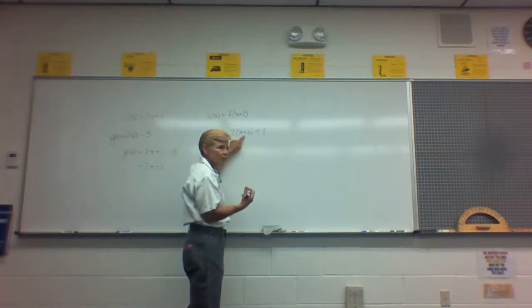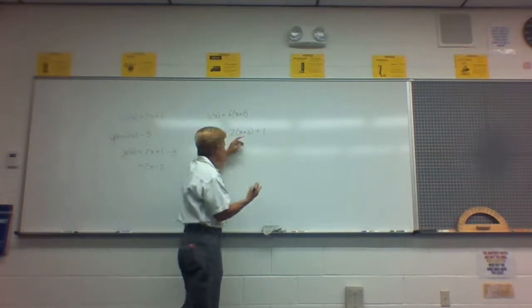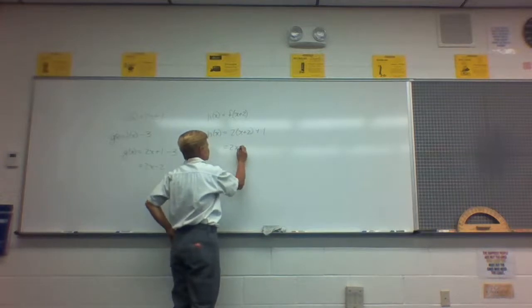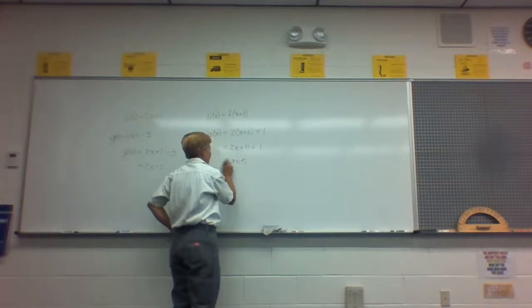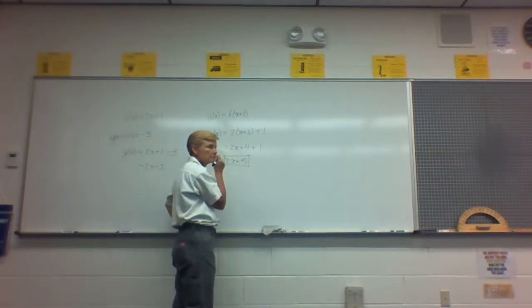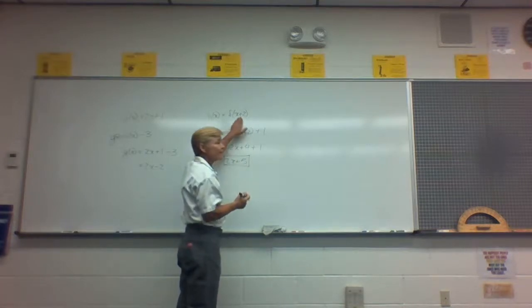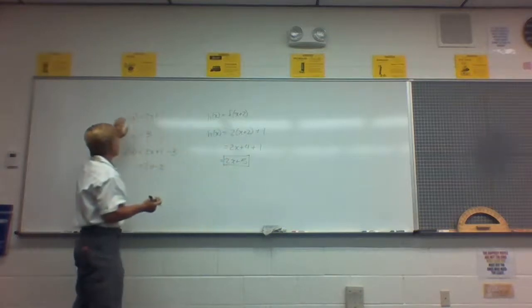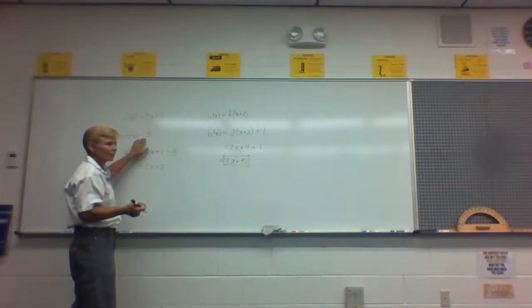That's what we just showed you a minute ago. Then we clean it up. That's what you write. So, horizontal moves, right, left moves occur inside the function, inside the parentheses, the opposite. Up, down moves occur outside, exactly what you think.